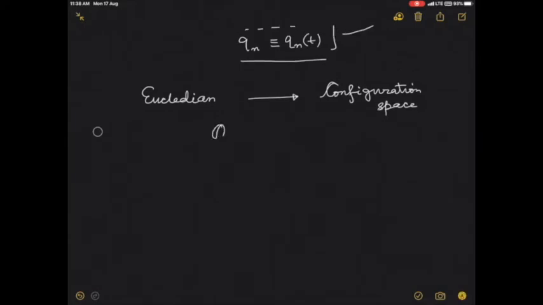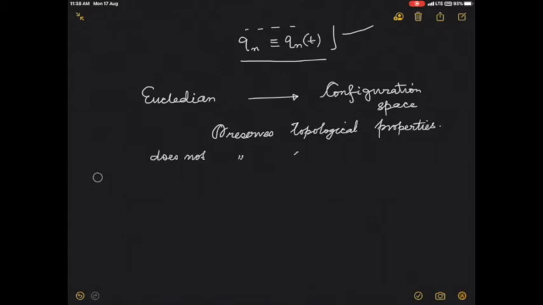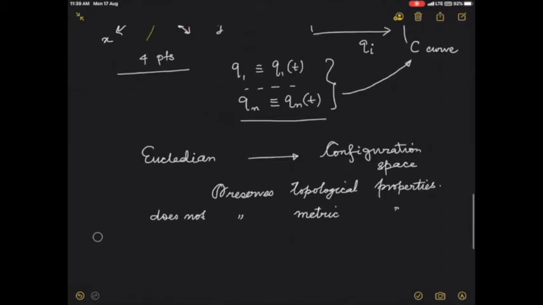It turns out that it preserves topological properties. What doesn't it preserve? Well, it's obvious that it doesn't preserve the metric properties. That's what is changing, right? As you go from one space to the other, the metric properties are changing. So it doesn't preserve the metric properties, but it preserves the topological properties.